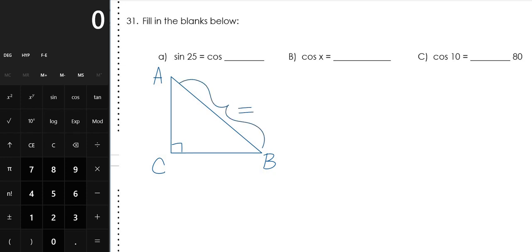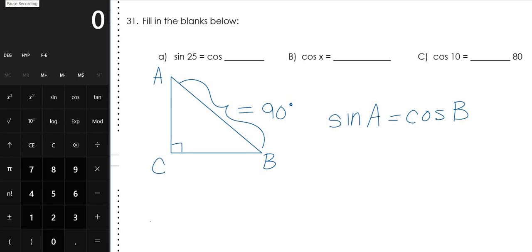They're always complementary. As a result, there's a fun little rule here. Sine of A will always equal the cosine of B, regardless of what the measurements of A and B are.